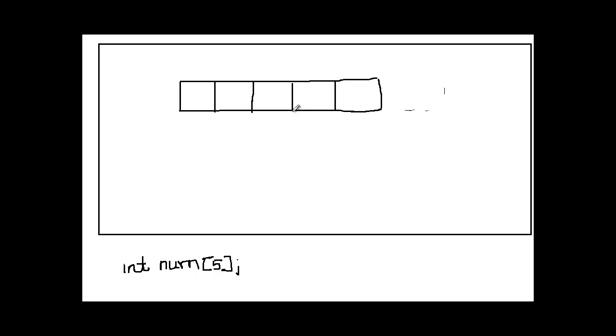So memories are allocated in contiguous blocks, that is, the next memory block is adjacent to the first, and so on.